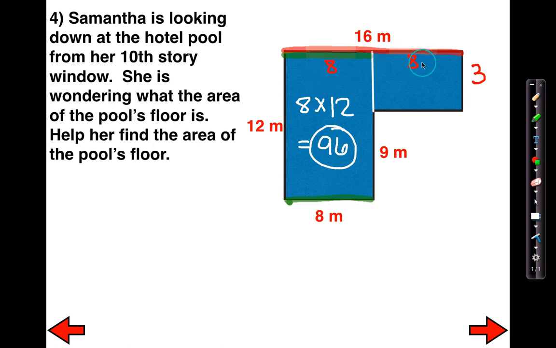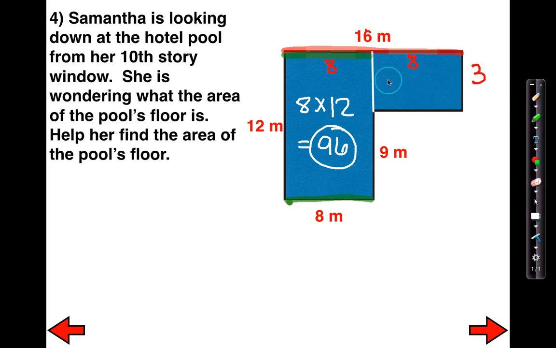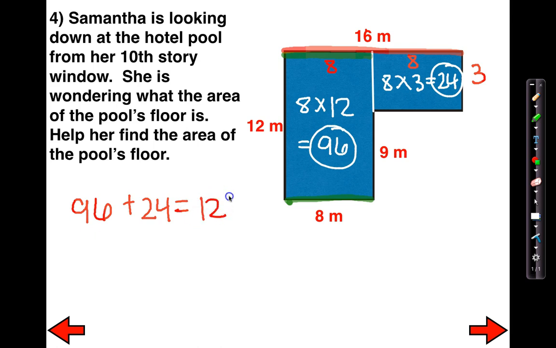Why? 8 plus 8 will give me this full length of 16. So now that I know the dimensions, I'm going to do the base, which is 8, times the height, which is 3, which would give me 24. So I'm not done yet because I need to find the area of the composite shape by combining both of these 2 together. So you would do 96 plus 24, which would also give me 120 meters square.